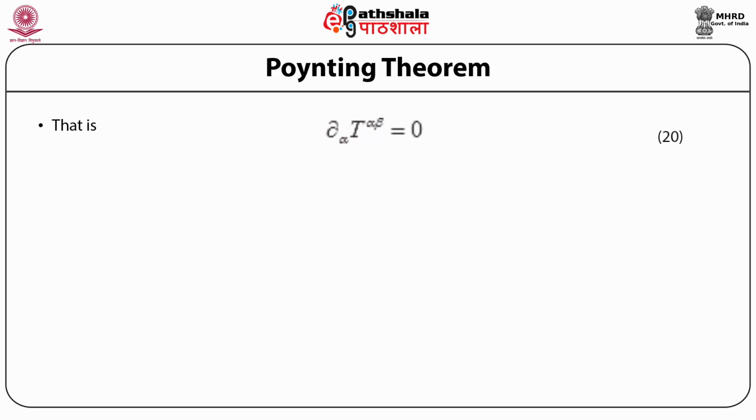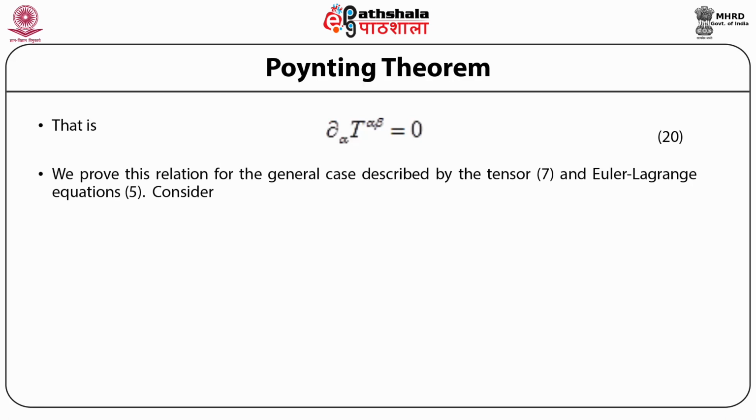That is, ∂_α T^{αβ} = 0. We prove this relation from the general case described by the tensor and the Euler-Lagrange equation.